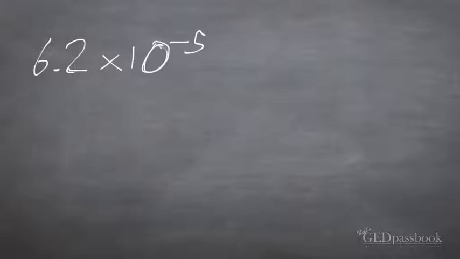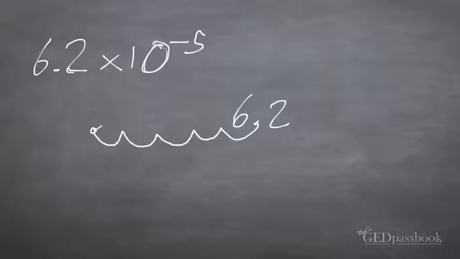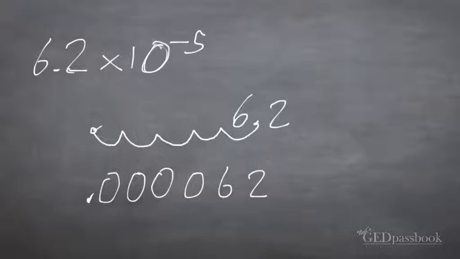You got to go this way. 6.2. You start wherever the decimal is. You go 1, 2, 3, 4, 5. My final answer is 0.000062. It's important to take note of that direction, right?